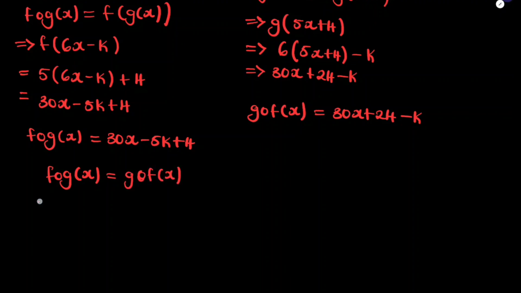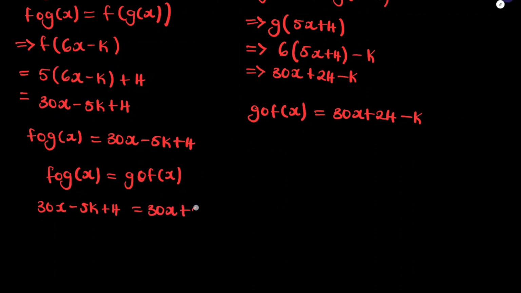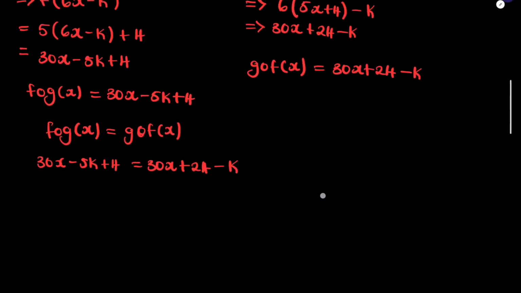Let's equate them. We have 30x minus 5k plus 4 equal to 30x plus 24 minus k.